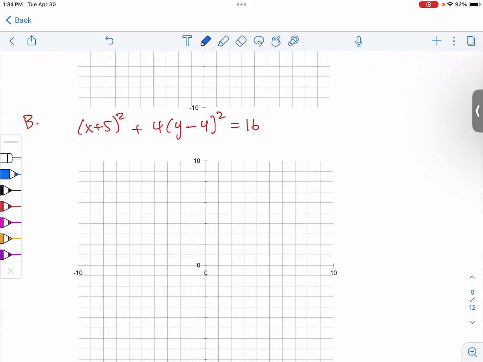So along those lines, I see this and it's something in nature. What I want us to recognize is that this is circle or ellipse related. Always try to start with the ellipse, since a circle is just a special case of an ellipse. So the easiest thing to do is get this equal to 1.